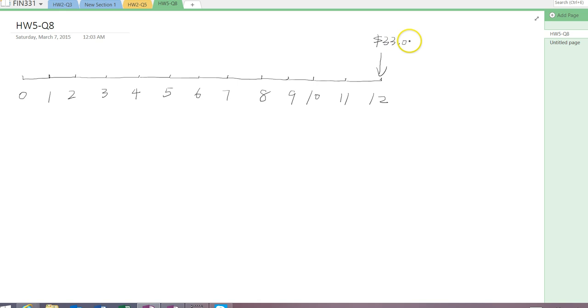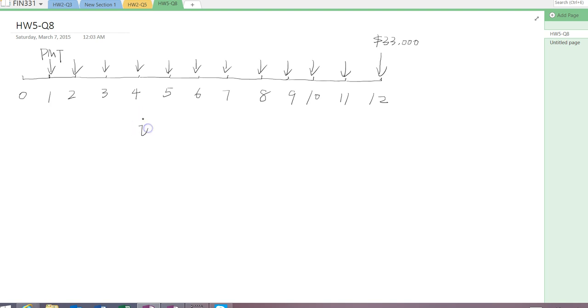So the problem is that you want to have $33,000 here, and you want to deposit an equal sum each year. So this is our payment, and the setup also tells you the interest rate.